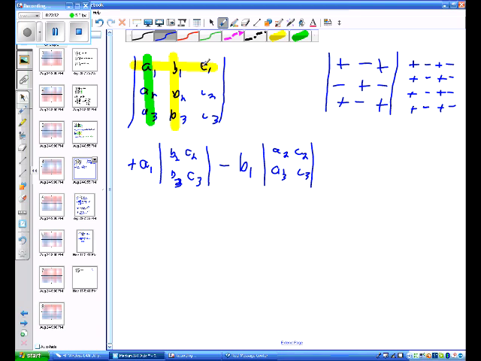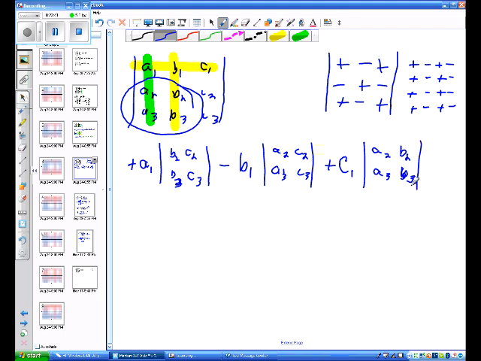Then we go to our last number, and that position is a plus. We put down whatever that number is. Then we will eliminate that row and that column, and we'll deal with the matrix that's left when we eliminate those. So that's a sub 2, b sub 2, a sub 3, b sub 3.